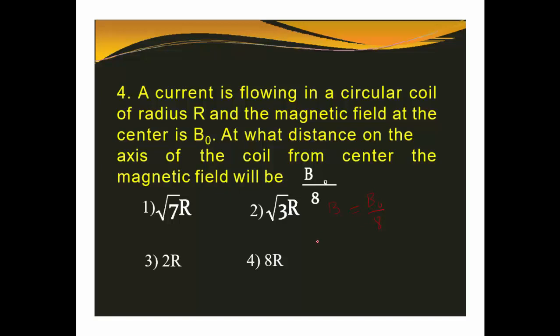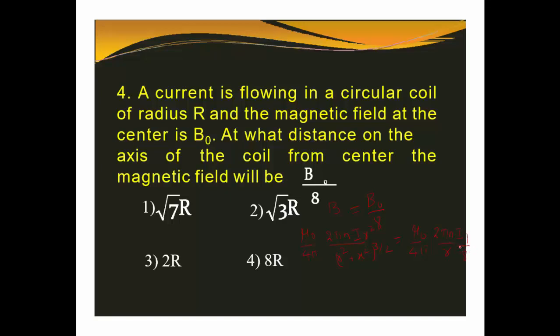Now what is the formula for magnetic field at a distance? It is mu naught by 4 pi, 2 pi n I r square divided by r square plus x square whole raised to 3 by 2. And B naught, what is the substitute formula of B naught? Mu naught by 4 pi, that is 2 pi n I by r, the center formula, and 1 by 8 is already there.